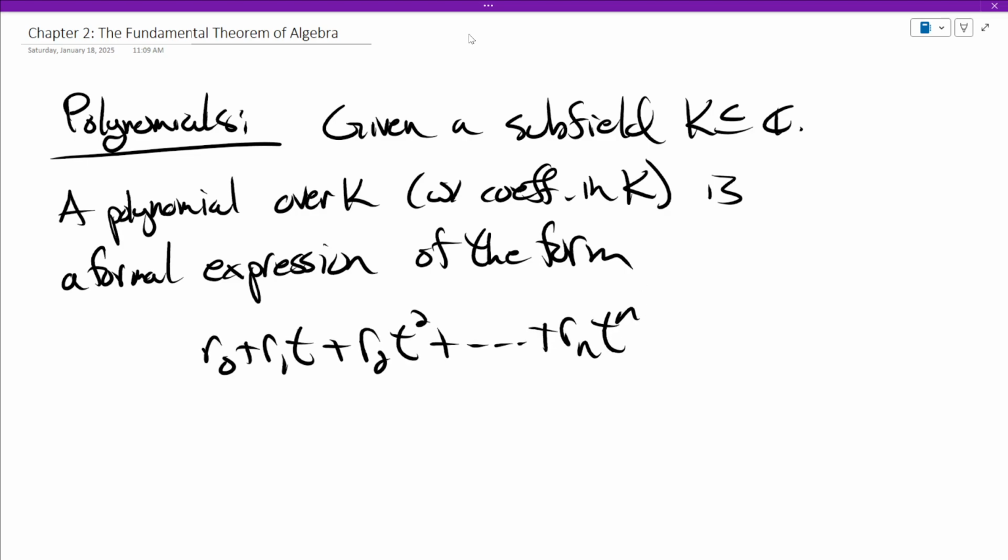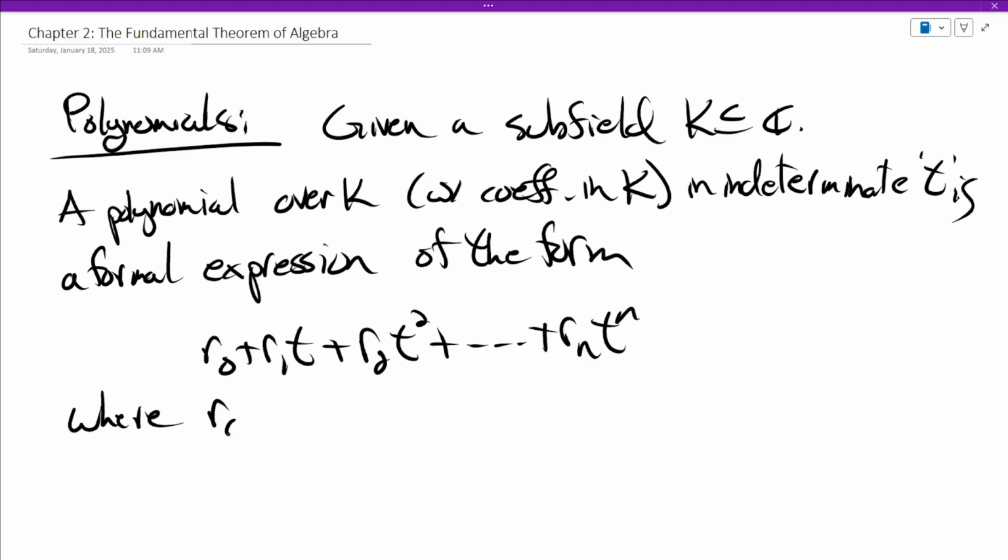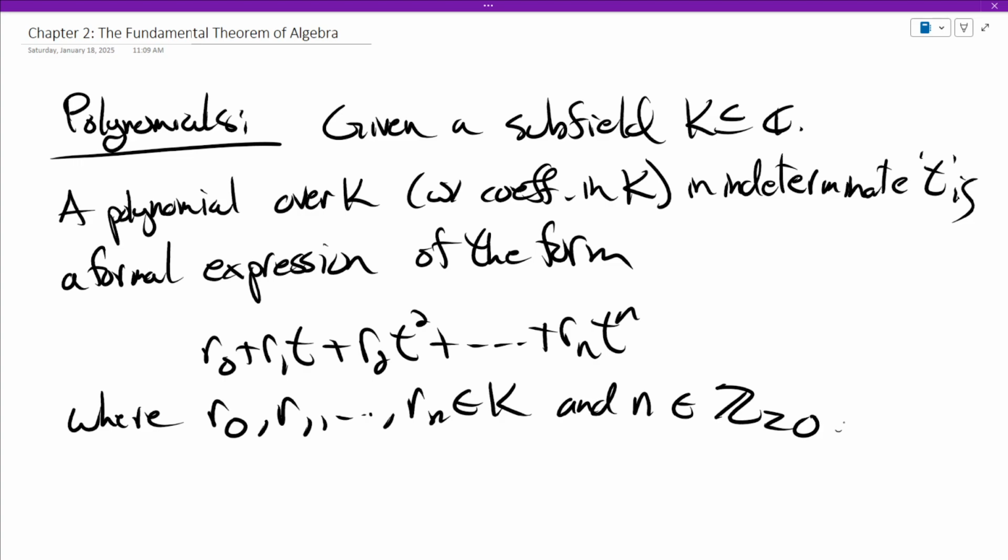Oh shoot, I should say a polynomial over k in the indeterminate t is a formal expression of the form this, where the coefficients, these r's, are in our subfield, and n is some positive integer. So that is what a polynomial with coefficients in k is.